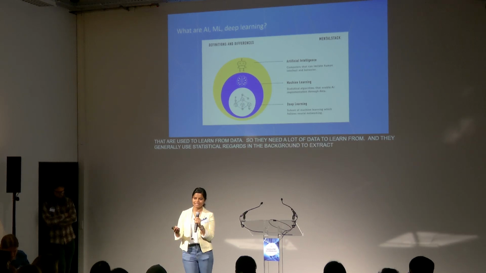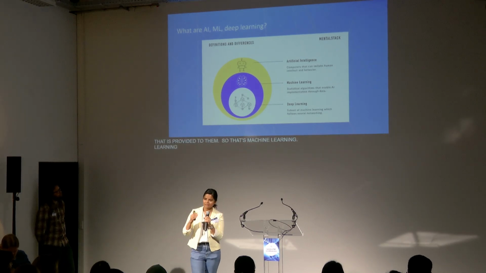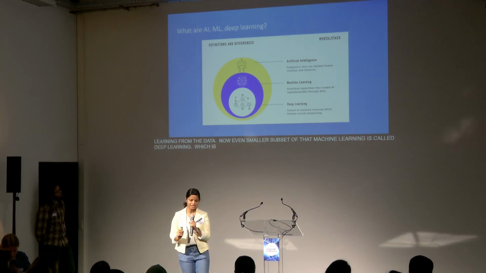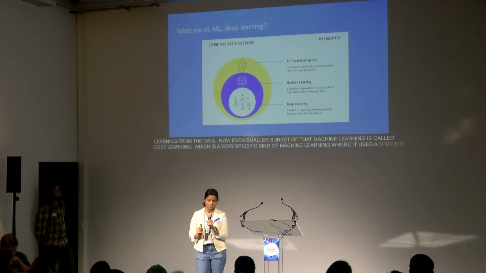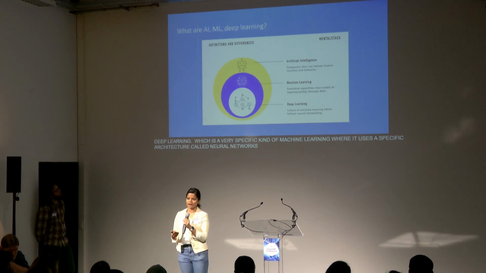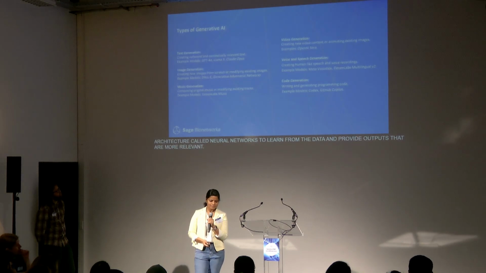So that's machine learning, learning from the data. Now, an even smaller subset of machine learning is called deep learning, which is a very specific kind of machine learning where it uses a specific architecture called neural networks to learn from the data and provide outputs that are more relevant.